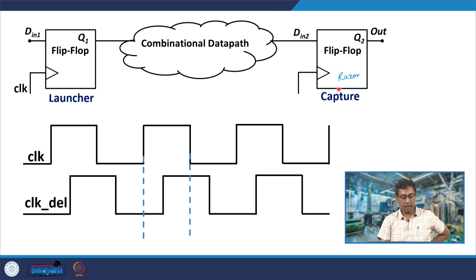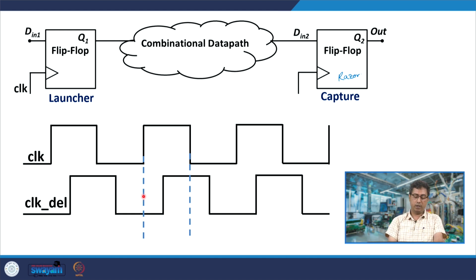So, what timing constraints should we follow for a race condition not to happen? The new data could be arriving. Suppose the random logic delay is so small that data D in 2 changes within the hold time of the shadow latch, and this is the delay.